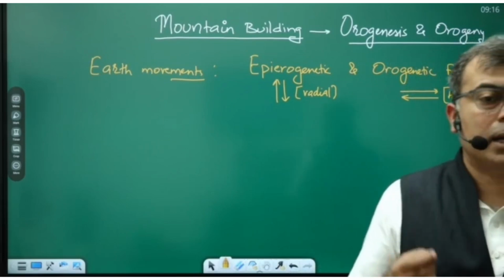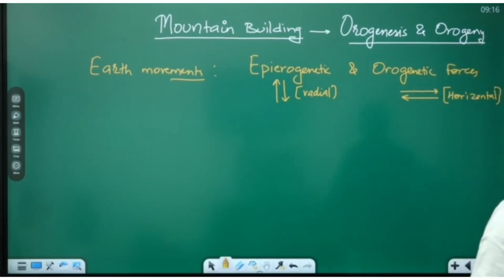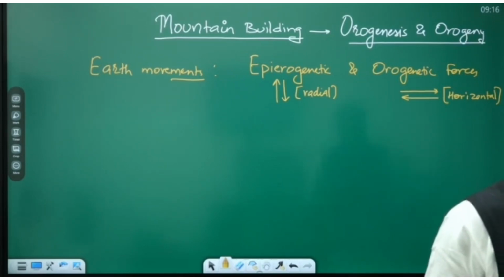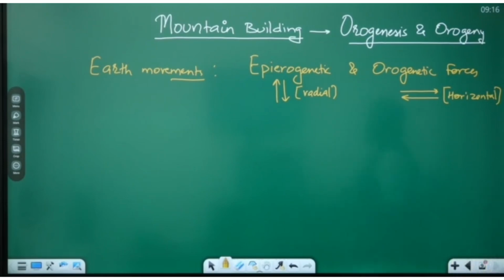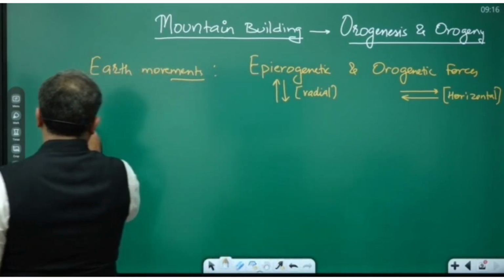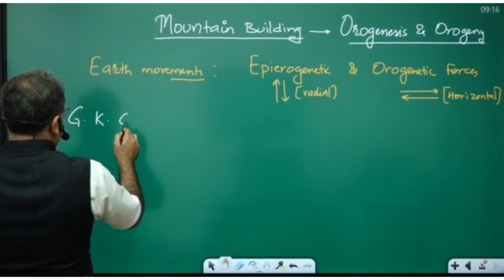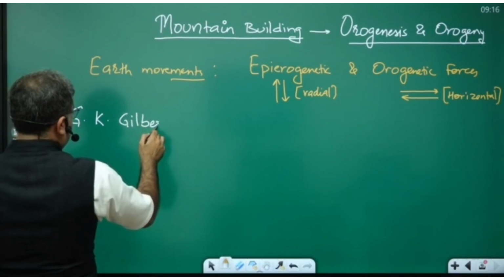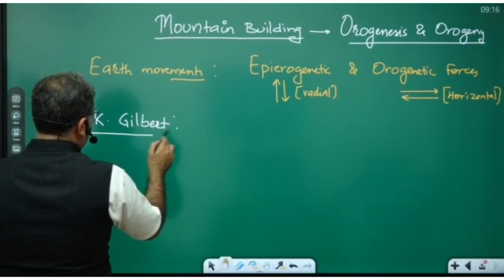So I want to take a leaf from there itself. Some definitions will help us. There is this scholar G.K. Gilbert, some dictionary work which I am doing.